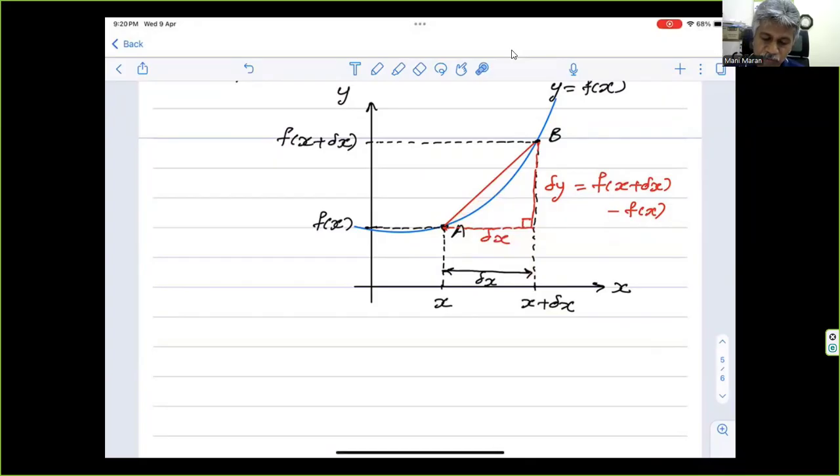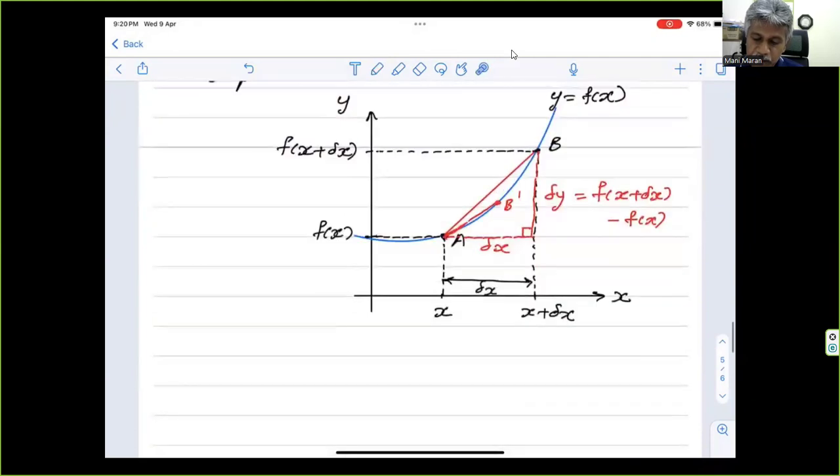For example, if you move point B to here, let's say this is B prime, and you move B closer to A, then the line joining A to B prime will be this line, and delta x will decrease. So when delta x becomes smaller and smaller, the gradient of line AB will be approximately the same as the gradient of the tangent through point A.